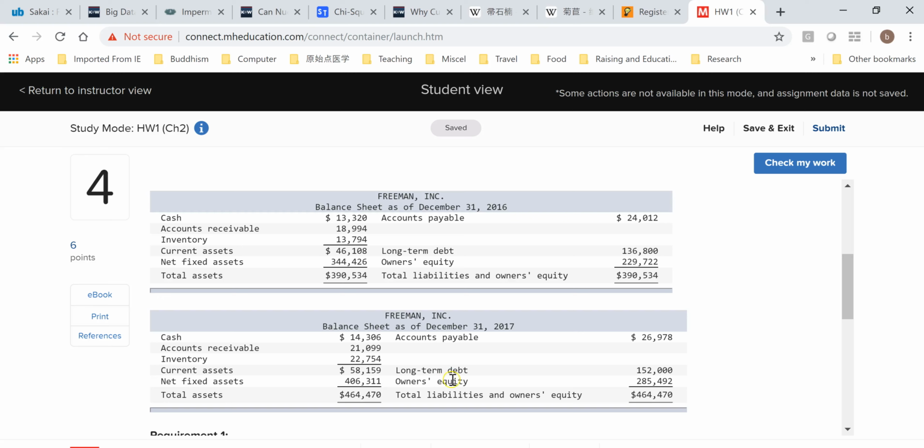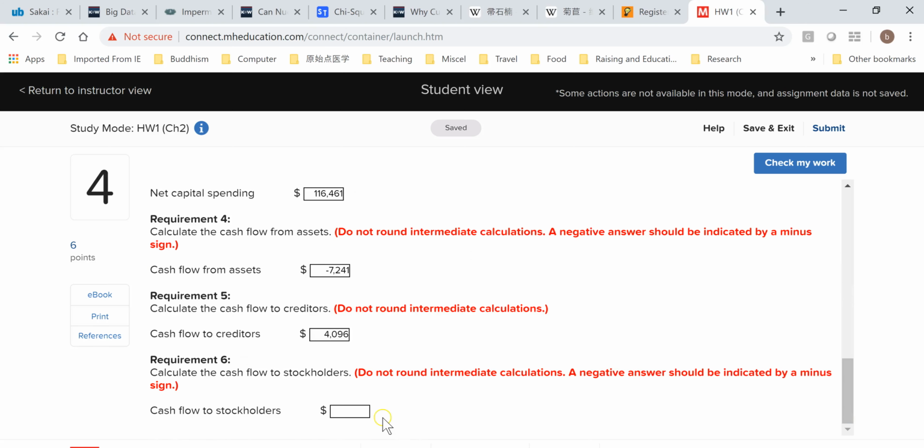So we cannot use what I call the conventional way to calculate the cash flow to stockholders. How can we solve this problem? We can solve it by using the so-called cash flow identity.